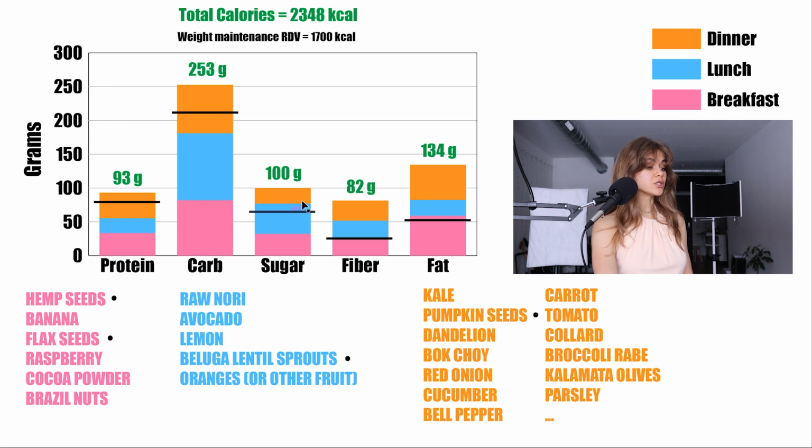In terms of sugar, it's worth mentioning that all sugar that I consume on my diet comes from whole sources. So I put oranges or other fruit here. The amount of fruit varies. The type of fruit varies from day to day. So here I put about 3 oranges.